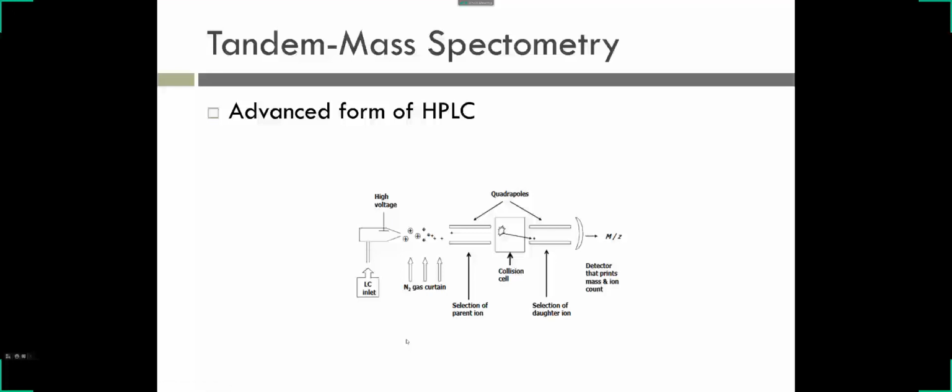This drives individual molecules across these quadrupole, these giant magnets. And then the magnet pulls single ions down and it detects single events, so it can print exact mass and ion count for every event that interacts with the magnet.